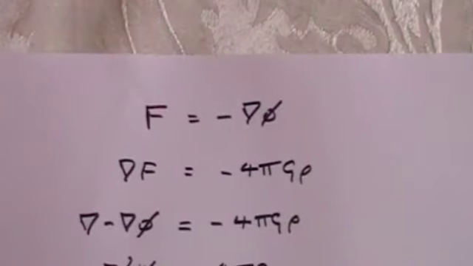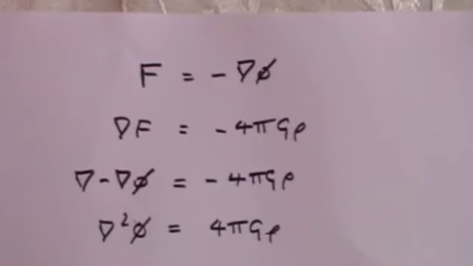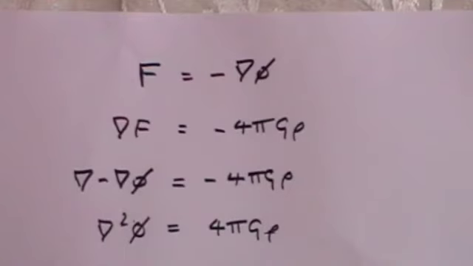Consequently, if the force is minus the derivative of phi, the divergence of force is the derivative of minus the derivative of phi, and that equals minus 4 pi g rho. In other words, minus the derivative squared of phi, the potential, equals minus 4 pi g rho. The minuses on both sides cancel.